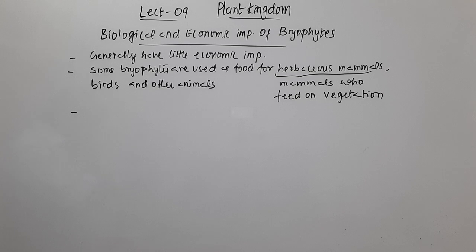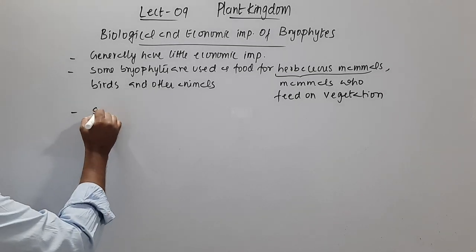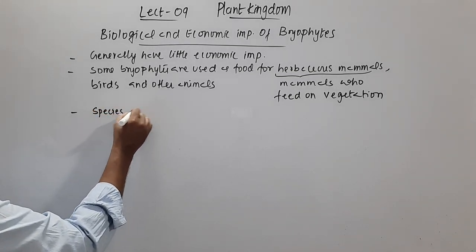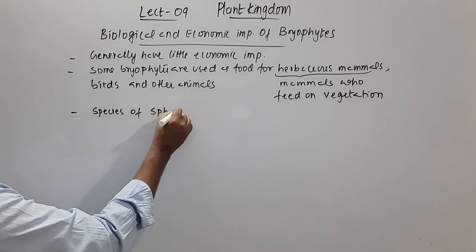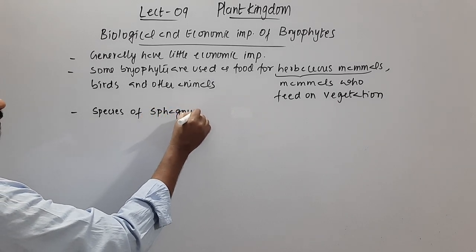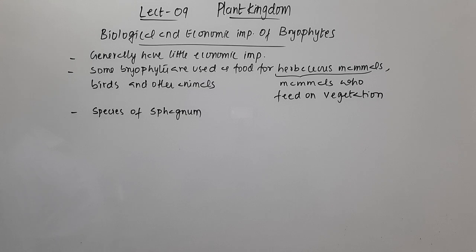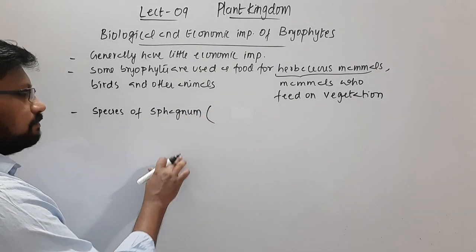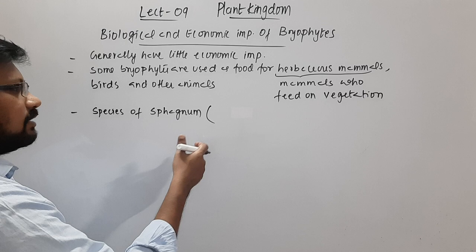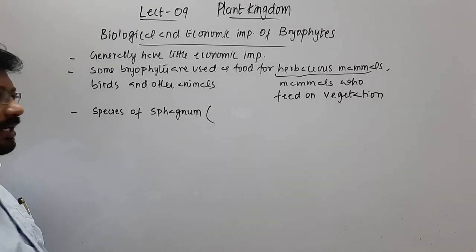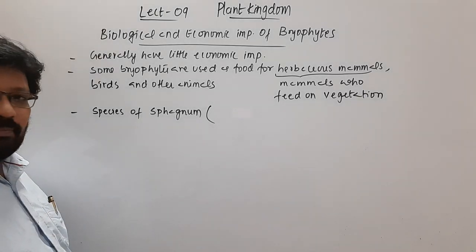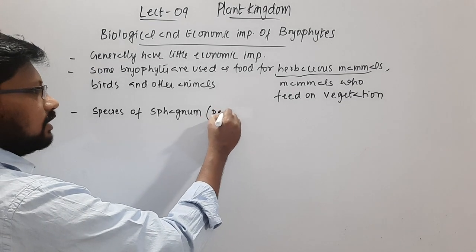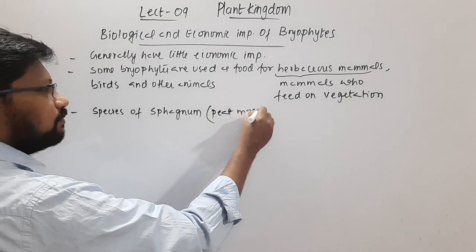Then, species of sphagnum. This sphagnum is a moss, which in the course of time has resulted in the formation of peat. So it's commonly called peat moss.